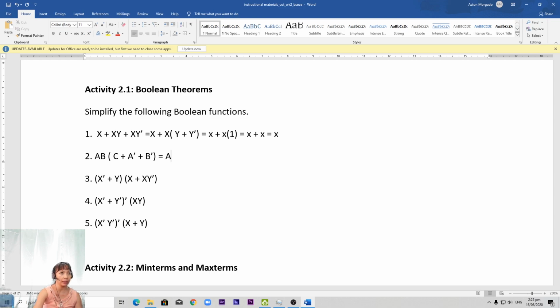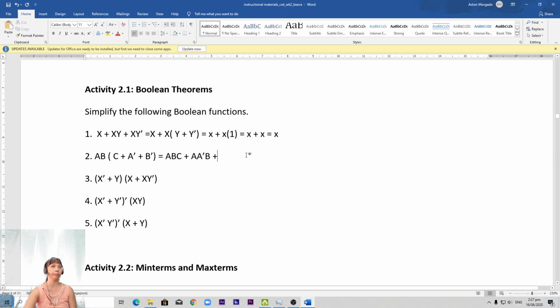So AB times C is ABC, plus AB times A prime is A A prime B. And for the third term, AB times B prime, we have ABB prime. So that's the answer.